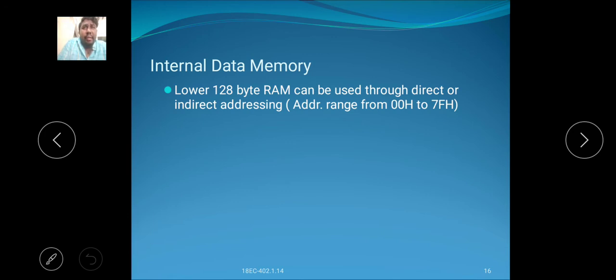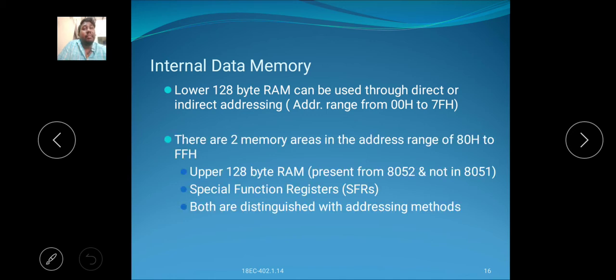Internal data memory: the lower 128 bytes of RAM can be used through direct or indirect addressing. The address range is 00H to 7FH.